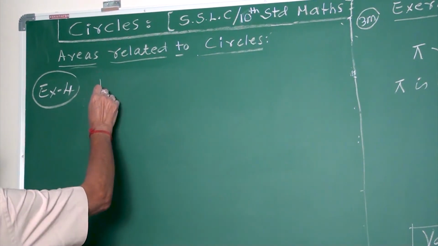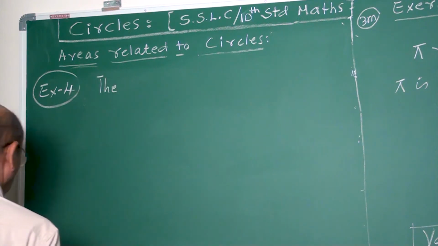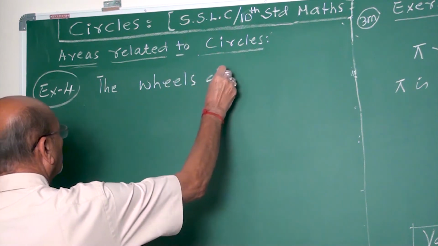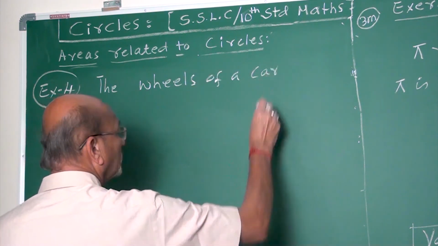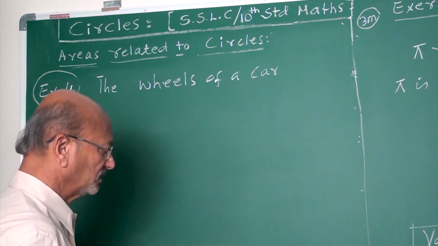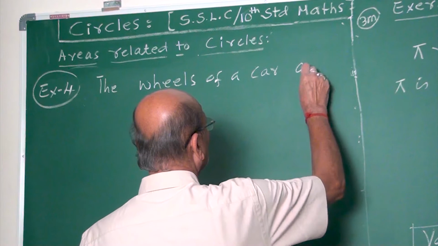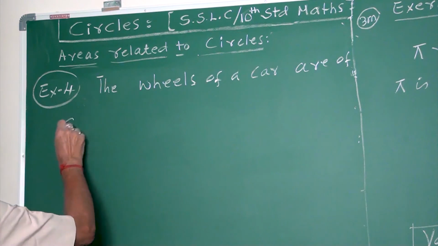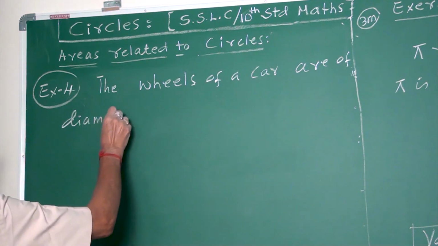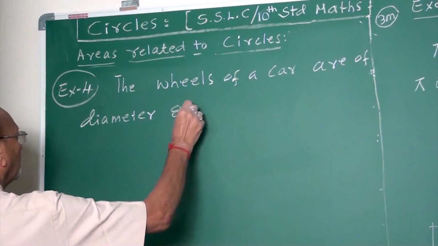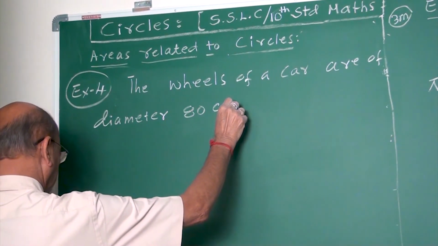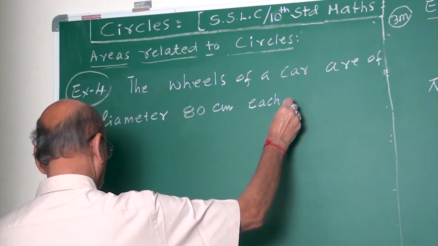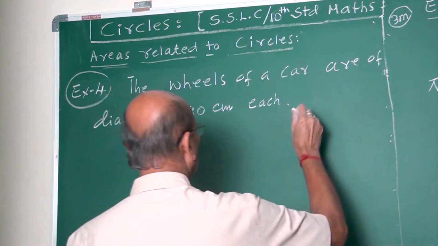The statement of this example is: The wheels of a car are of diameter 80 centimeters each.